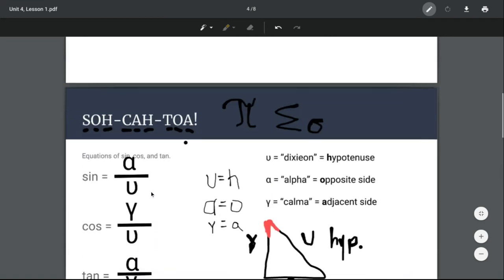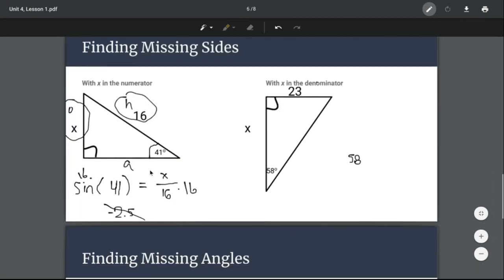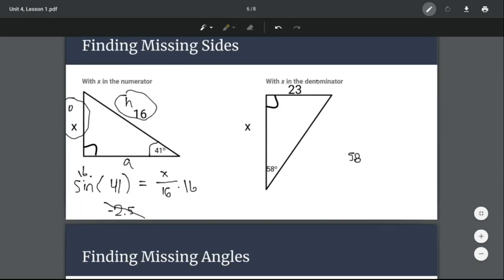And you can just change these equations with whatever it is. Really, you could make this into O over H, and then for the other ones you would do that. But anyways, this is going to be the H. This is going to be the A. And since this is opposite from it, this is going to be the O.